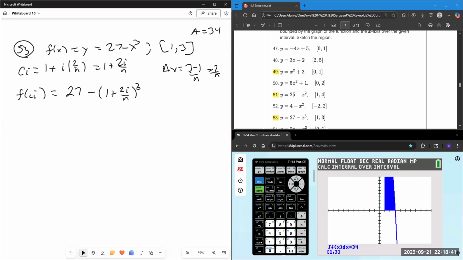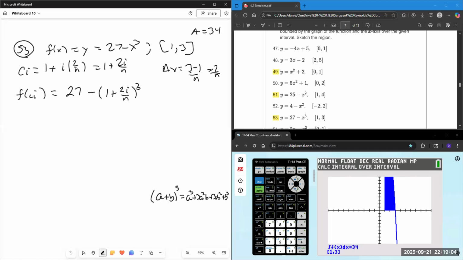Okay, we haven't done a lot of stuff with third powers, so remember that a plus b to the third is equal to a cubed plus 3a squared b plus 3ab squared plus b cubed.